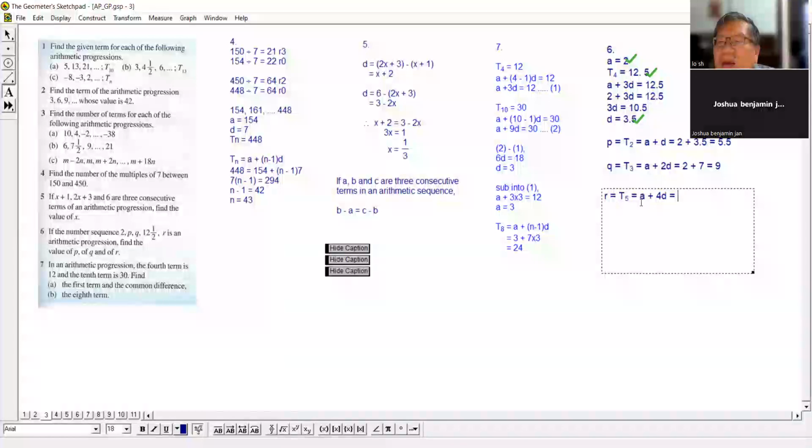A is here, 2. 2, correct. Plus 4D. So how much is 4D? 14. Correct, 14. So R is 2 plus 14. Answer is 16. Okay.